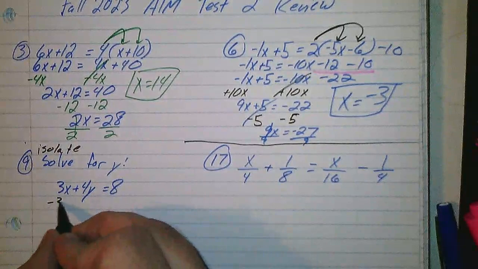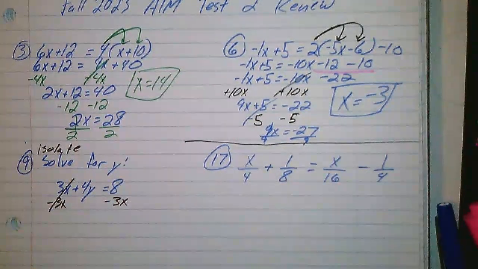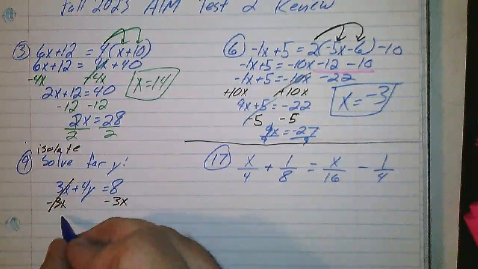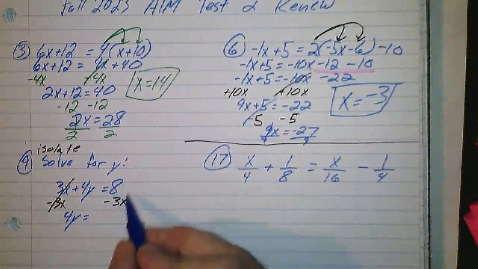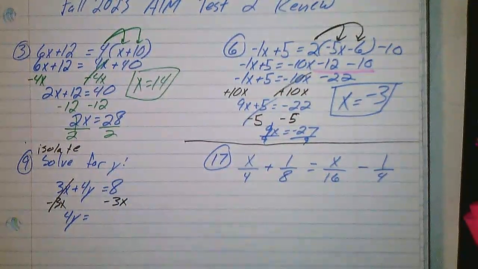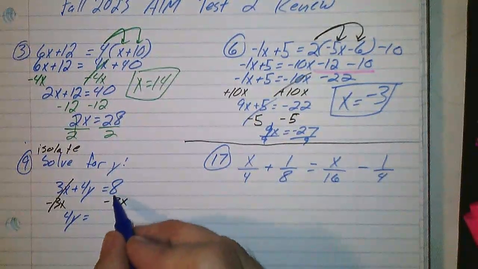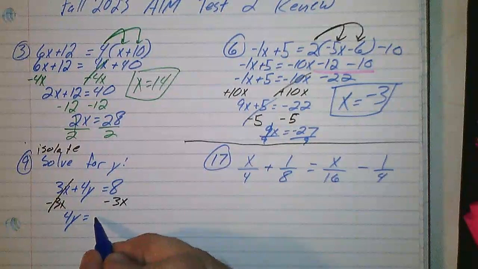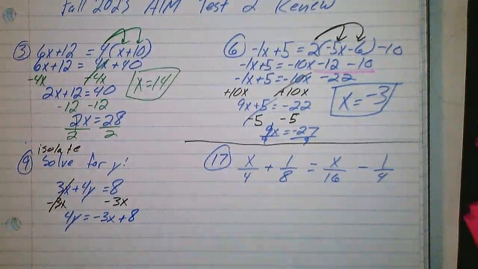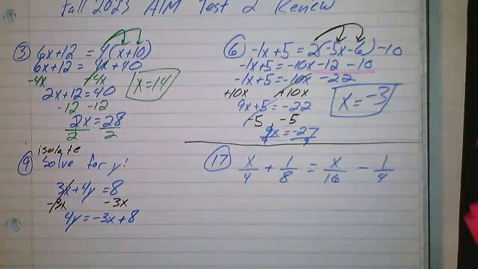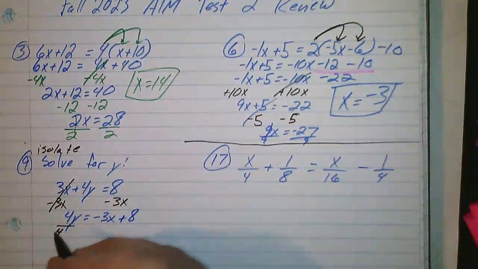So I'm going to subtract this positive 3x from both sides. So now we have 4y equals, don't make the mistake of trying to combine these. These are unlike terms. All we can do is put them next to each other. It really doesn't matter if you do 8 minus 3x or negative 3x plus 8. Doesn't matter. But now we can divide both sides by 4.